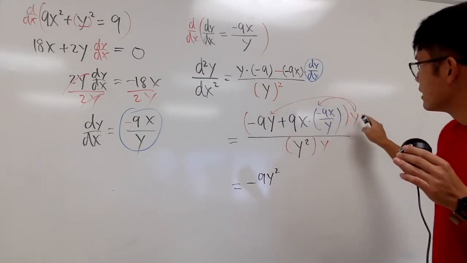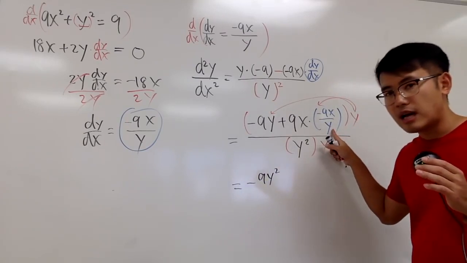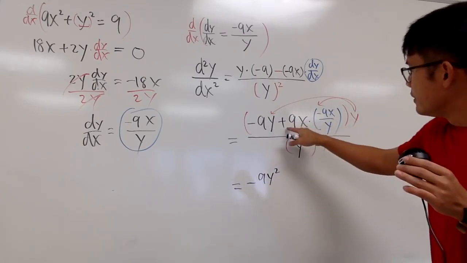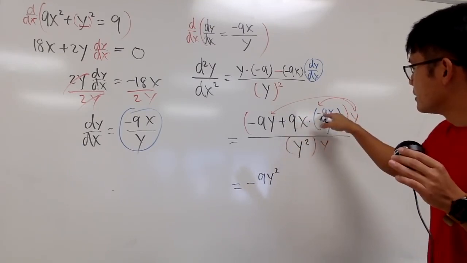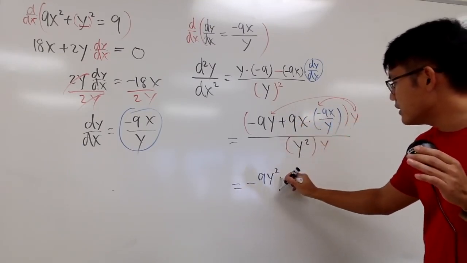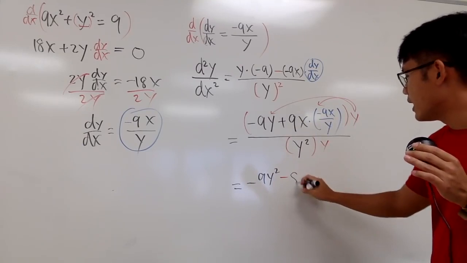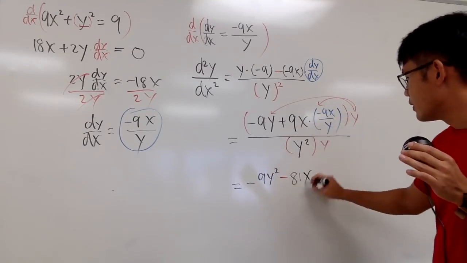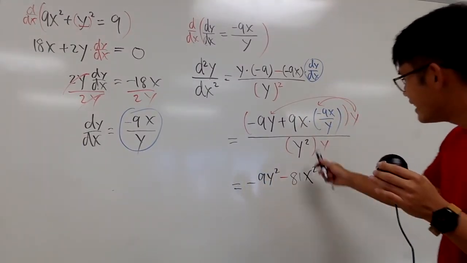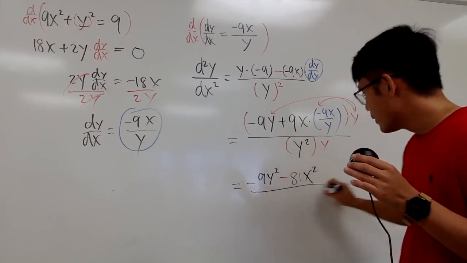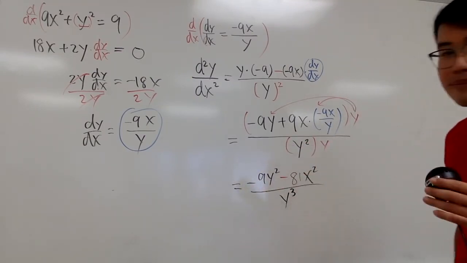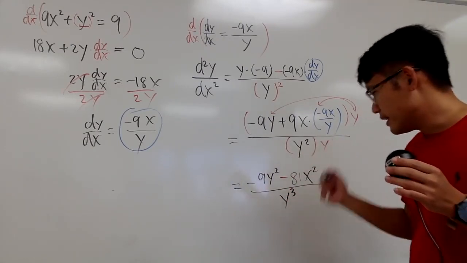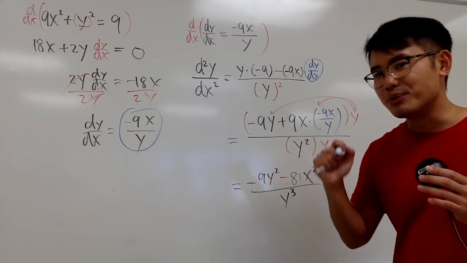Multiply this and that, the y's will cancel each other out. 9x times negative 9x, negative times positive is negative, and then 9 times 9 is 81, and then x squared right here, right? And then on the denominator, we have y squared times y, which is y to the third power. This right here is it, but we can actually do better.